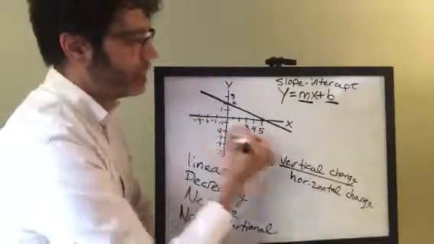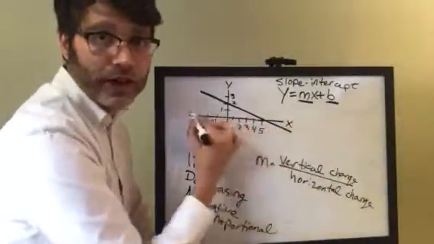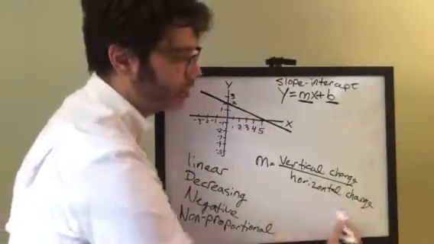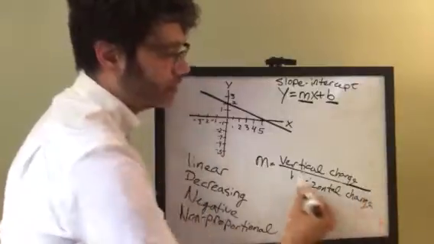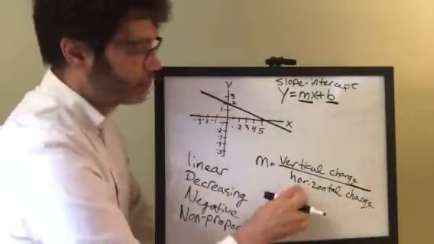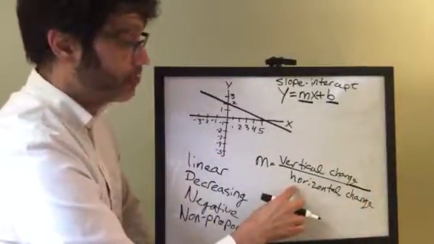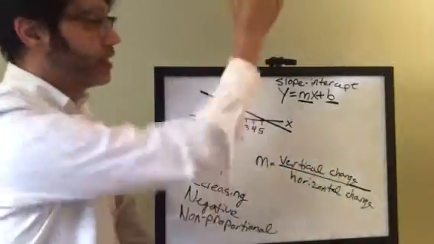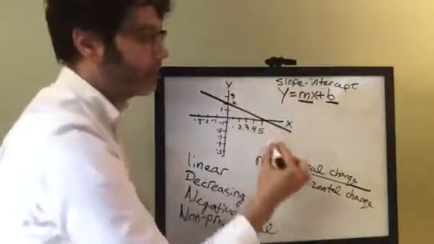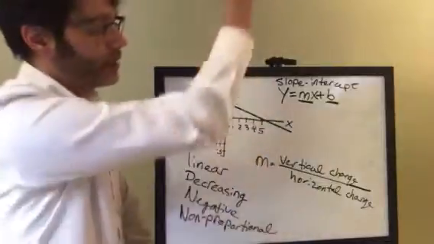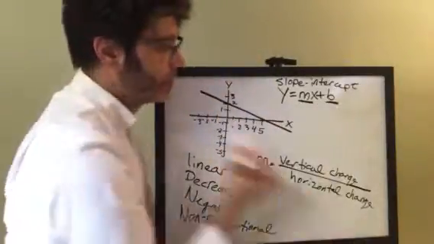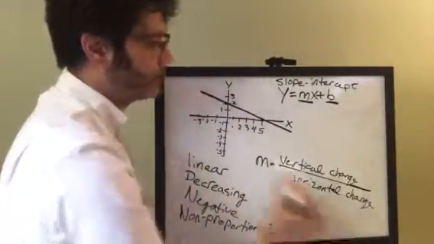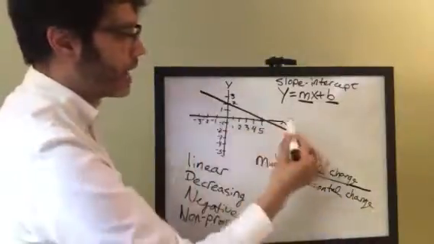The x-axis is at the bottom of this graph, just like the horizontal change, the change in x, is on bottom. The vertical change is the up or down change, and that is on top.